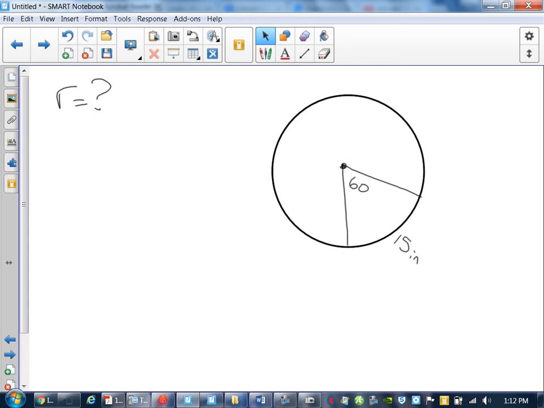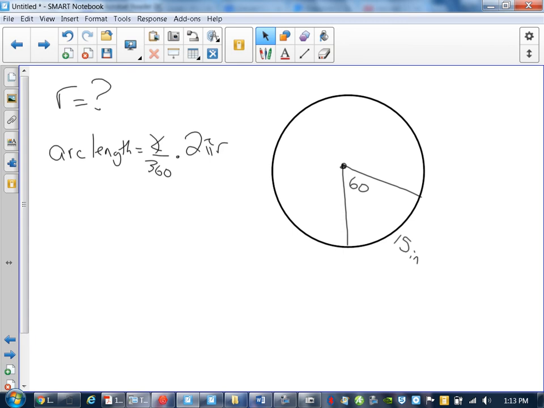As long as it's not degrees, you know it's got to be a length. So, which of the three formulas for arc length has radius? Well, that was the arc length, angle over 360 times 2 pi r.